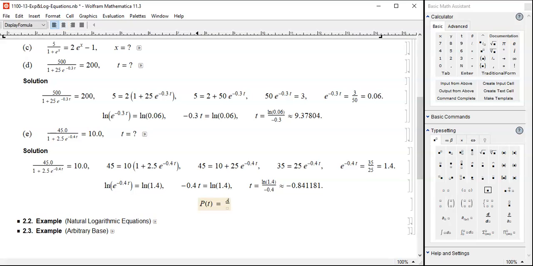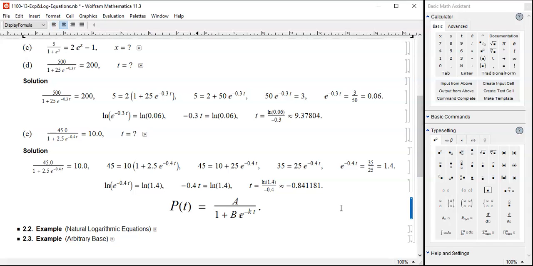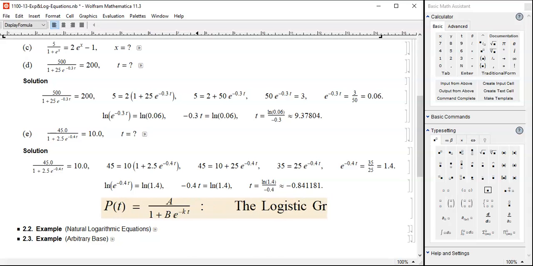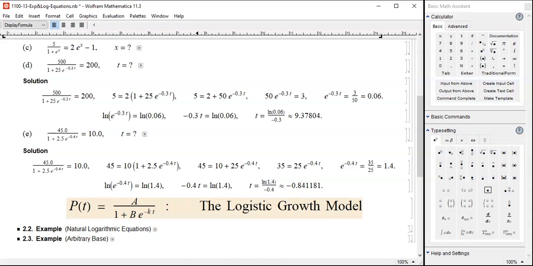It looks like this. Let me expand the font a little bit more. It is called a logistic growth model.